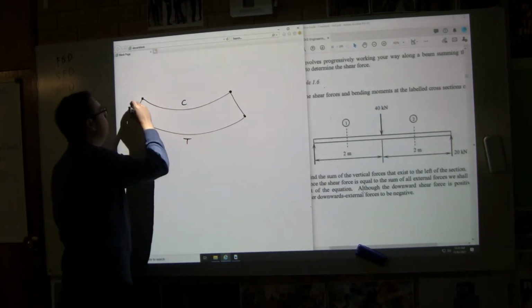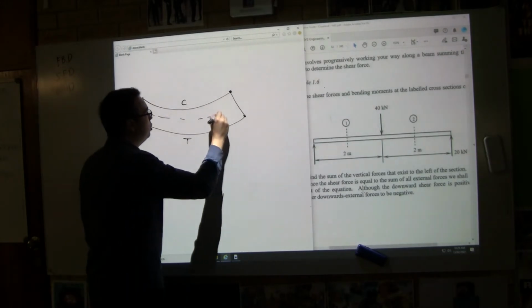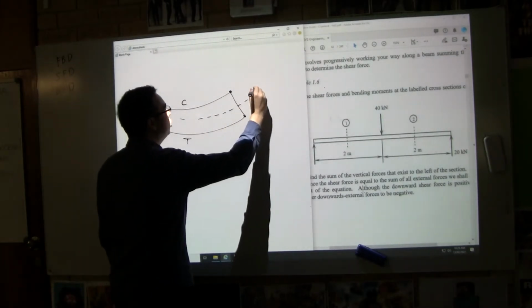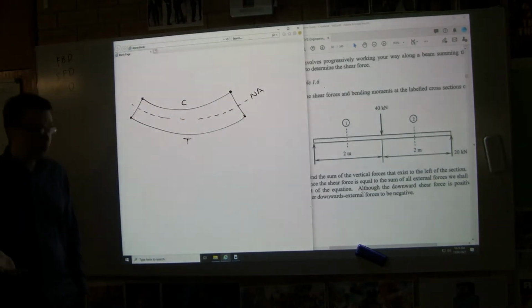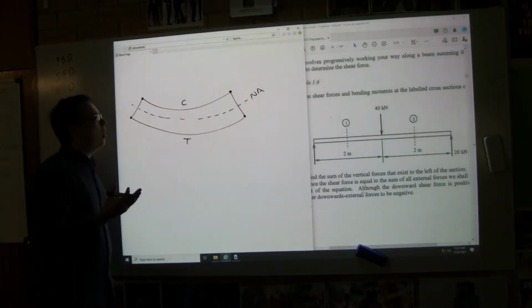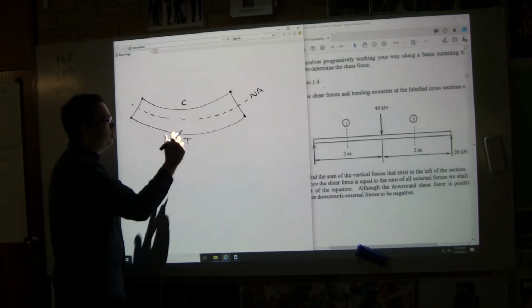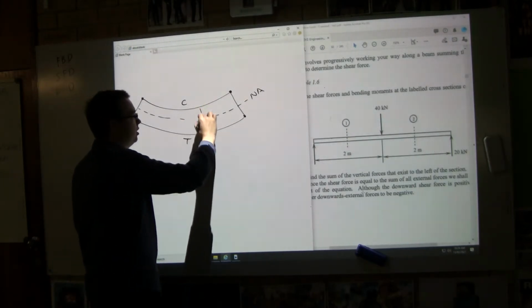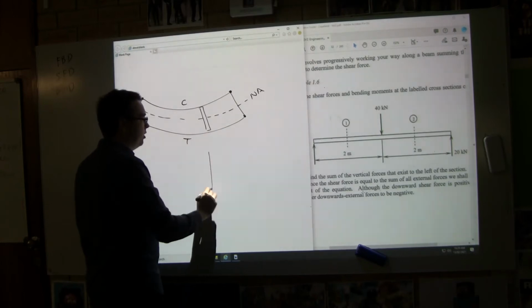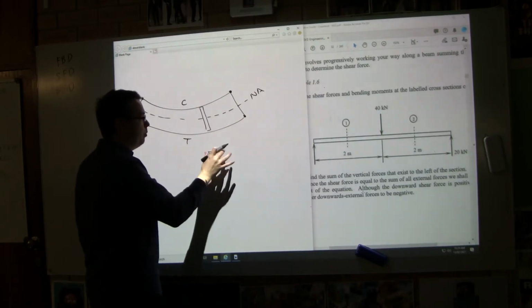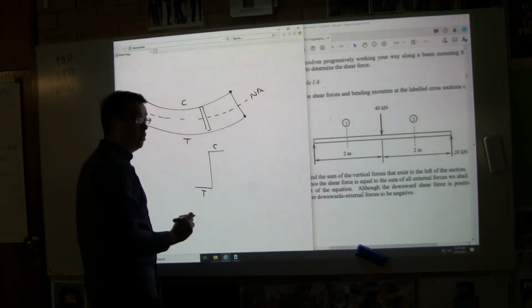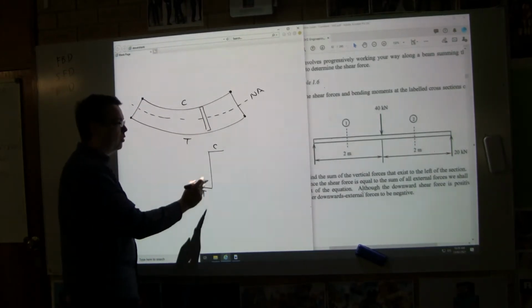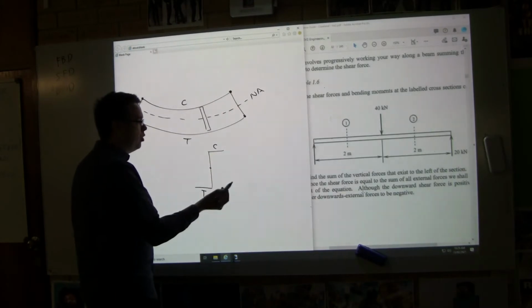Somewhere in the middle of that, it's neither in tension nor compression. This is what we call the neutral axis. At that line, it's neither in tension nor compression. What that means is that if you were to take a section of this and measure the forces acting on it, we'd say there's a lot of compressive force at the top, a lot of tensile force on the bottom, and somewhere in the middle there's no force.